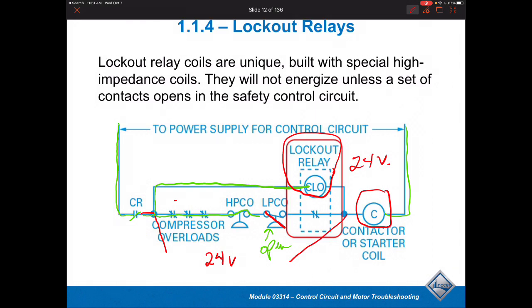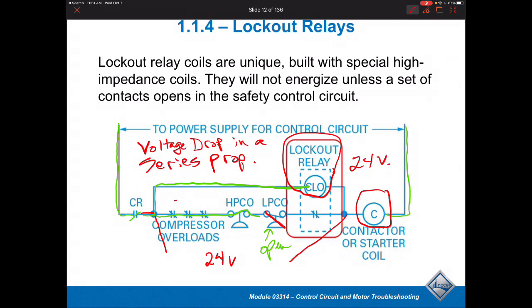They're basically going to be in series with one another. And as we know, the voltage drop in a series circuit is going to be proportional.